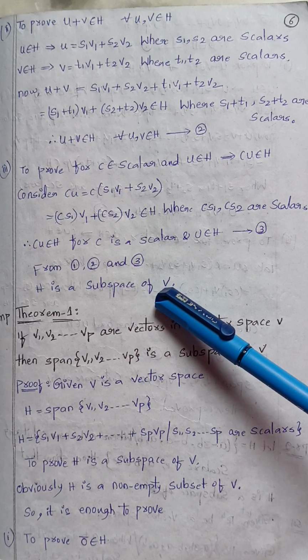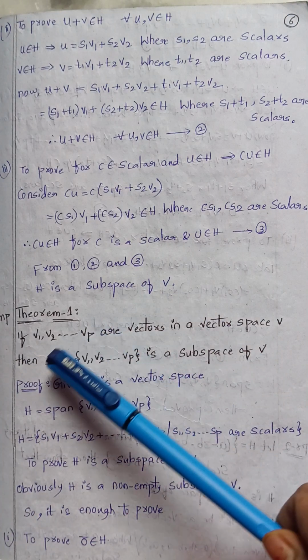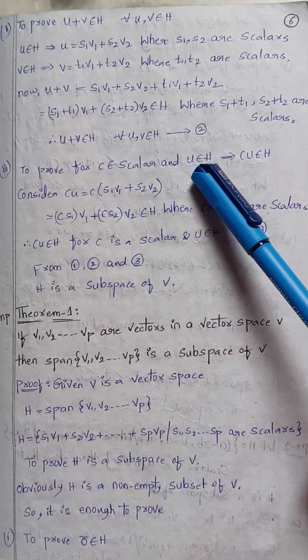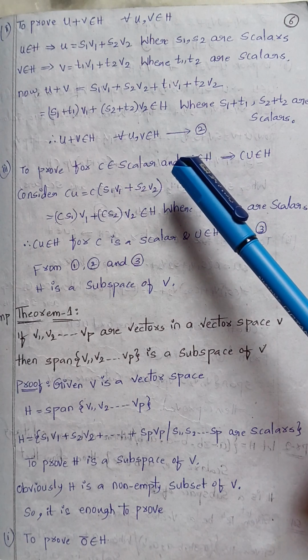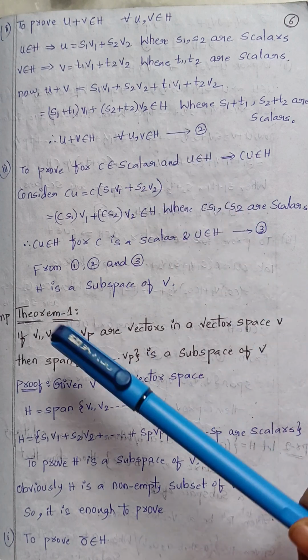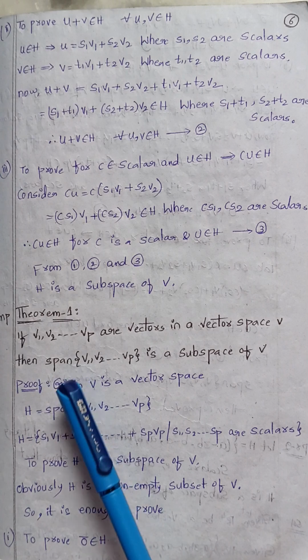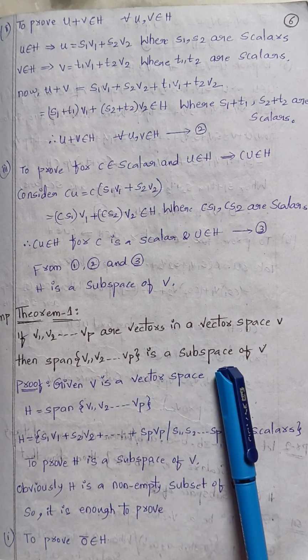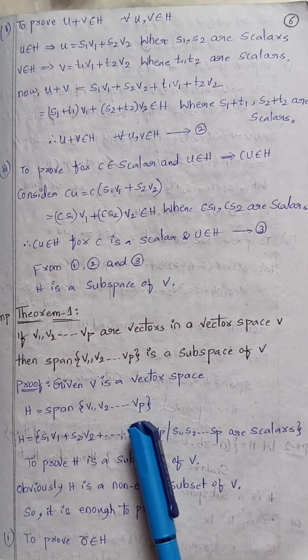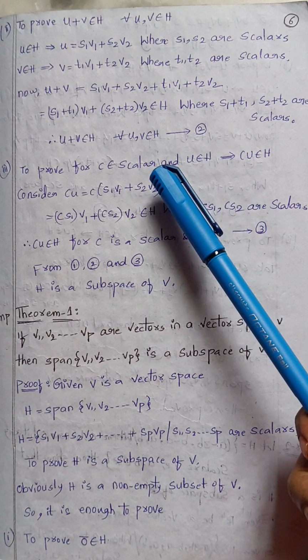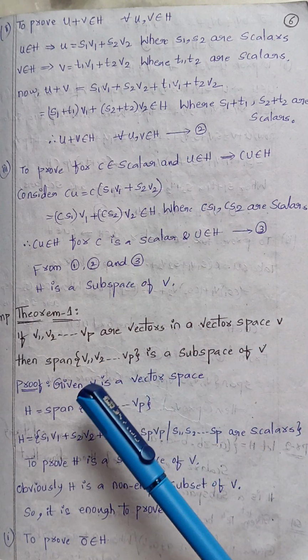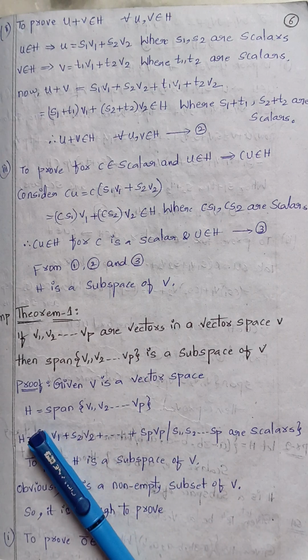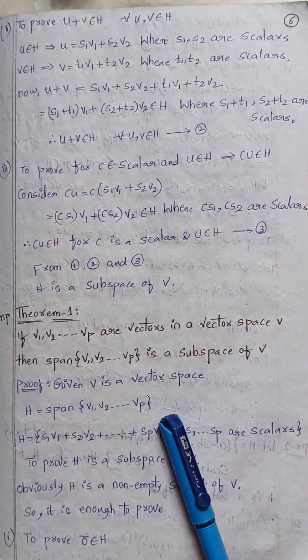In the same way, in general we take p number of vectors. In the previous theorem we took only two vectors. In general, for any finite number of vectors, the span of those vectors is also a subspace of V. Similarly we can prove it. There we took only two vectors, here we take p number of vectors. So H is the span of V1 to Vp.